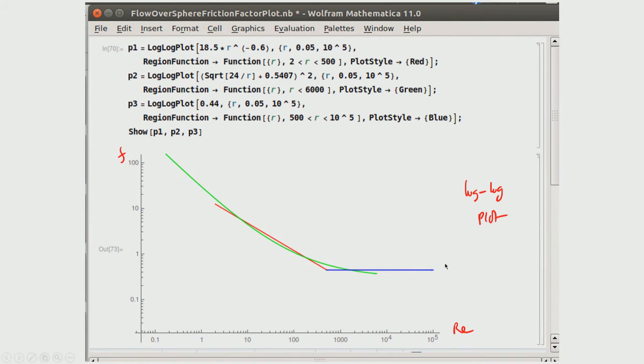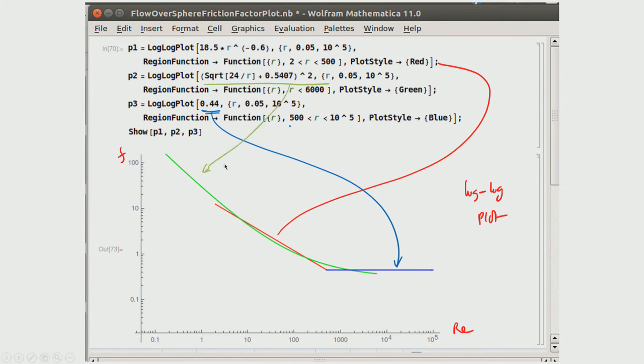So, it is very similar to what we have seen in the pipe flow, and the functions are colored as given here. The first is the red line, and then you have the blue one, 0.44 is here, and the green line is here, the hybrid expression.